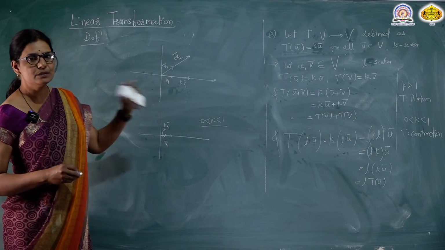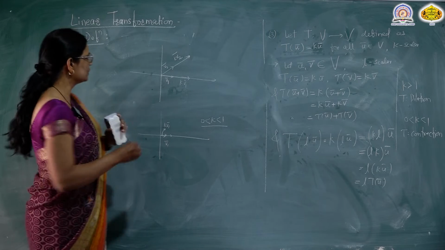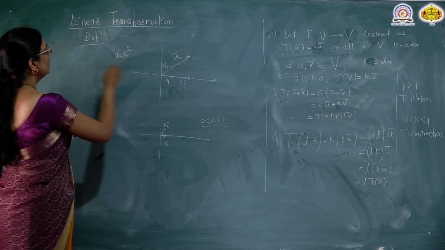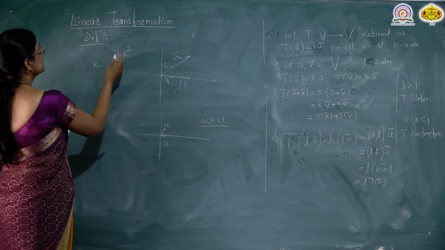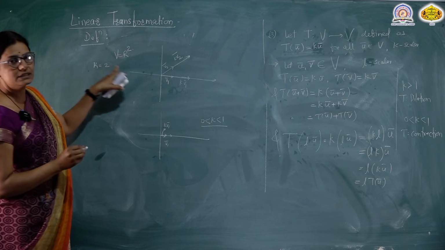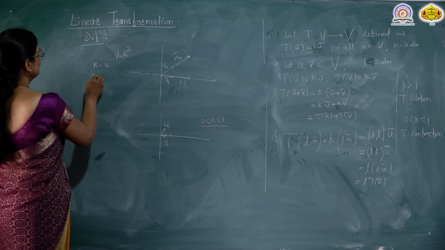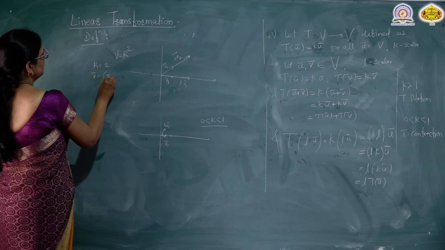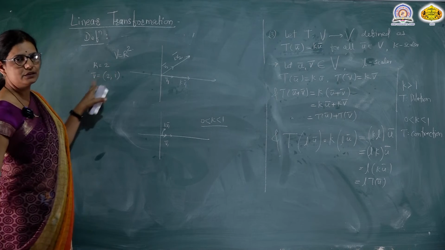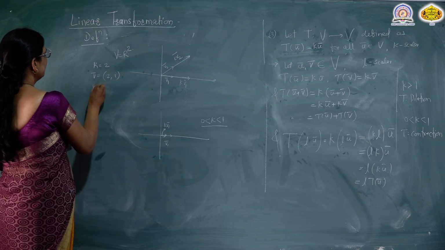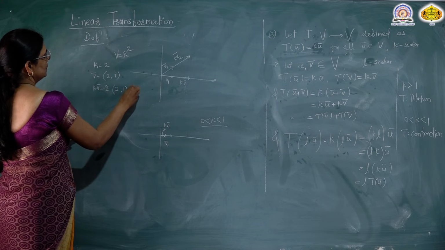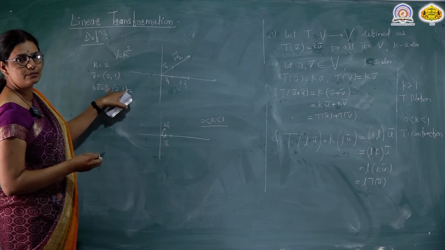We can take one simple example in R2 also. Suppose V is R2. Take k greater than 1, say k equals 2. So take a vector v bar equals (2, 1), a simple vector, and now calculate k v bar, which equals 2 times (2, 1). Use component-wise scalar multiplication.